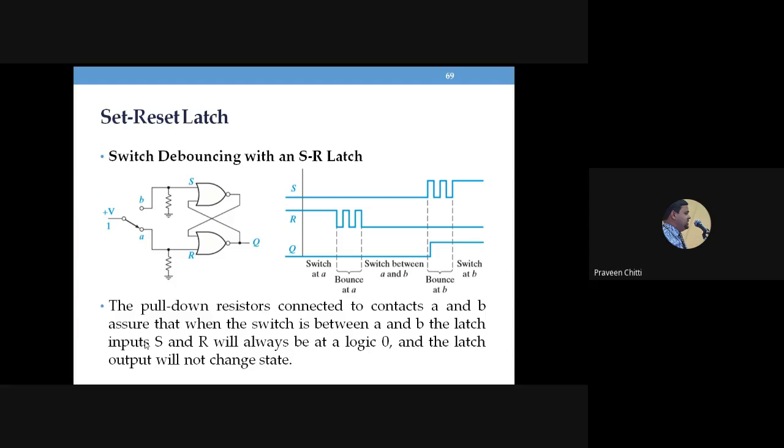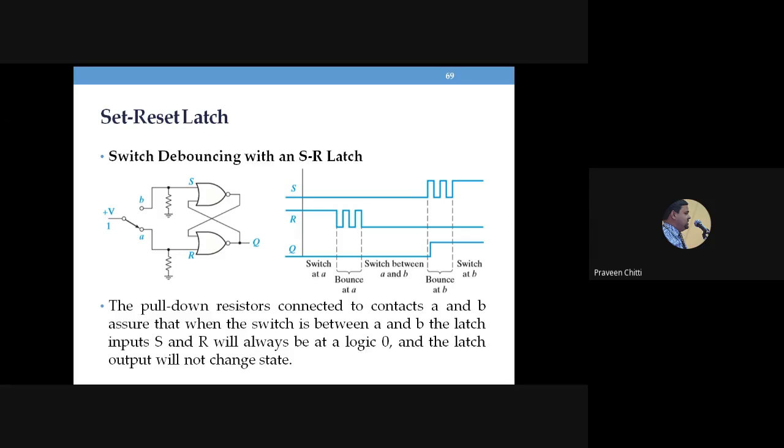And you know that when both the inputs of the SR latch are 0, 0, what will be the output of the SR latch? When S is 0 and R is 0, the output of the SR latch will not change. It remains in the previous state. That's why the condition is called the no change state.